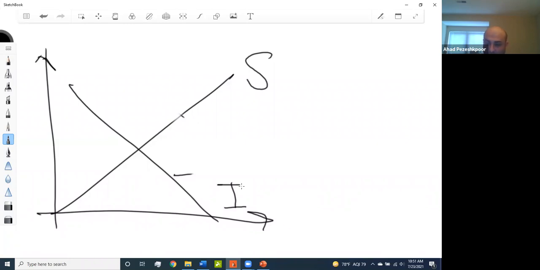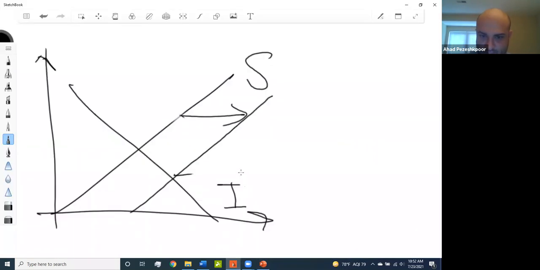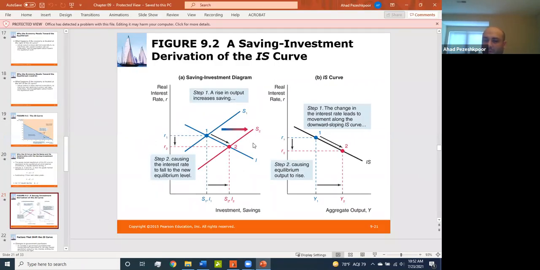When output goes up, your savings will increase. Therefore, your saving curve would shift to the right. Therefore, your interest rate would go up or down.